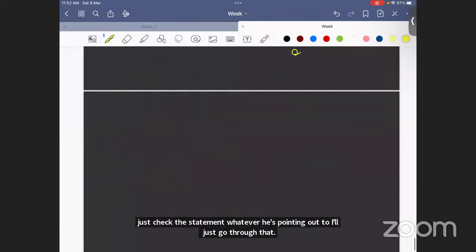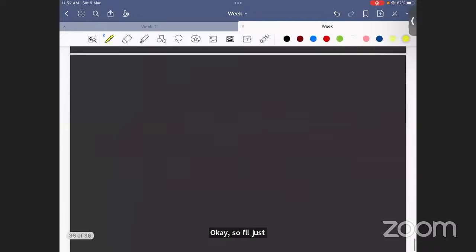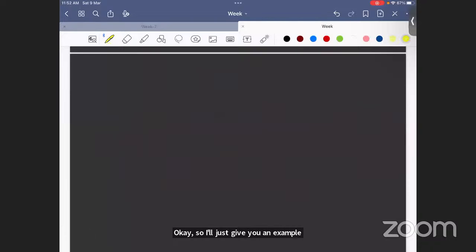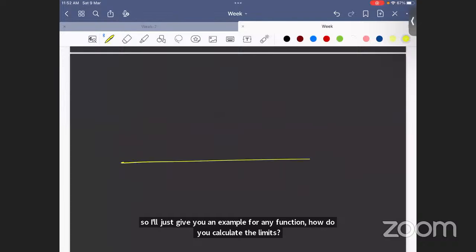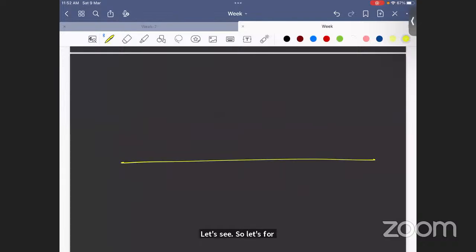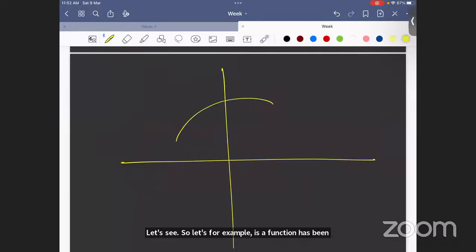Okay, so I'll give you one more example, for any function, of how you calculate the limits. Let's say this is a function that has been given to you, where it's going somewhat like this, and then it's going like this. Here again, it is open.